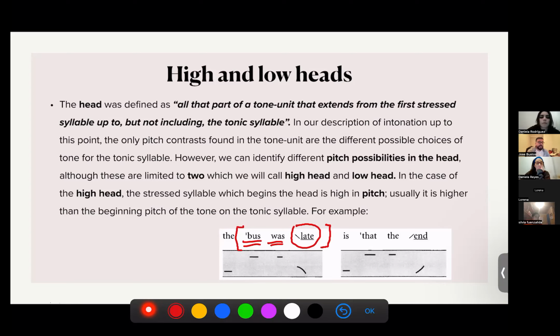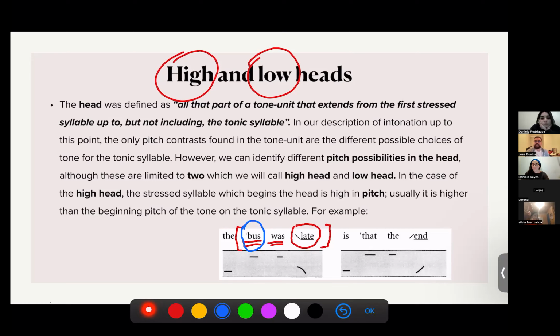Now, the explanation says that we can classify the head into high and low. We call high the first stressed syllable of the head. In example 1, what is the first stressed syllable?